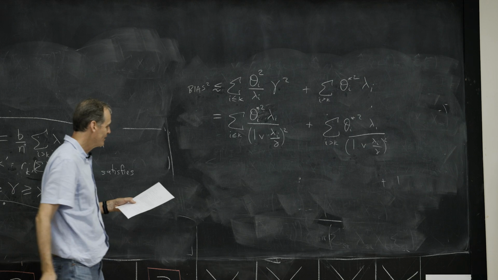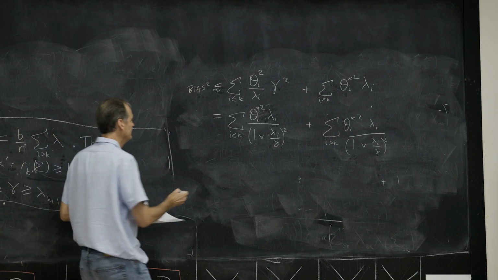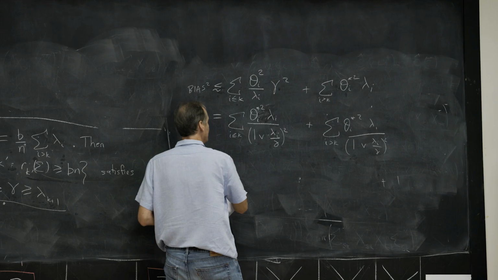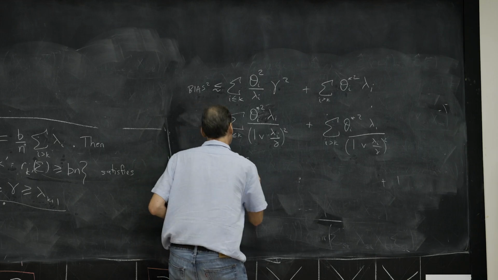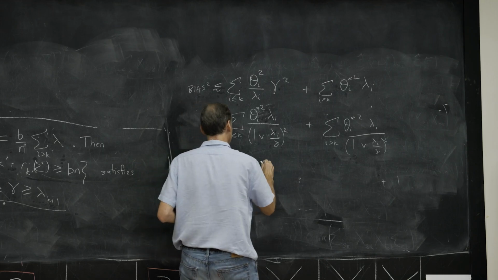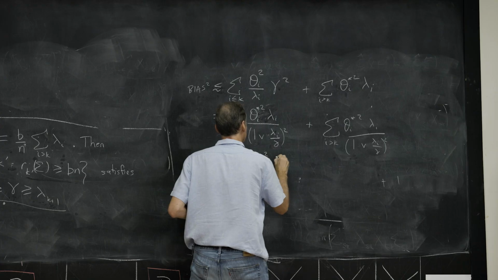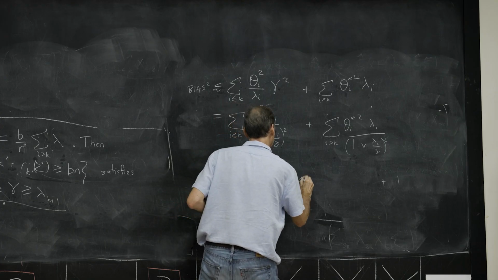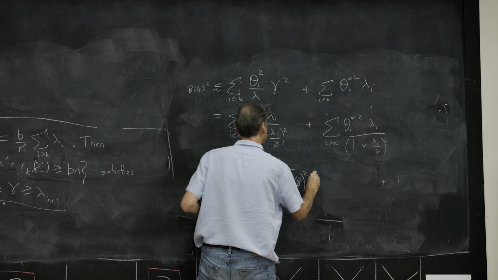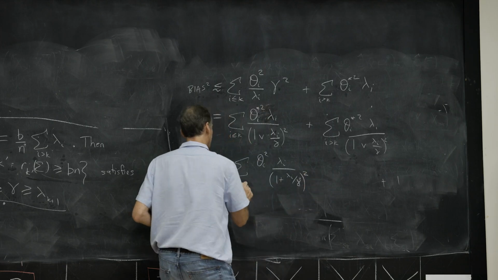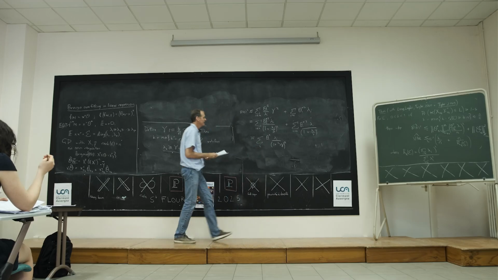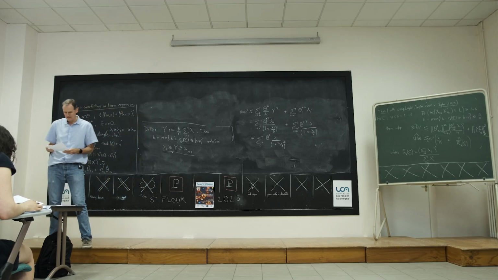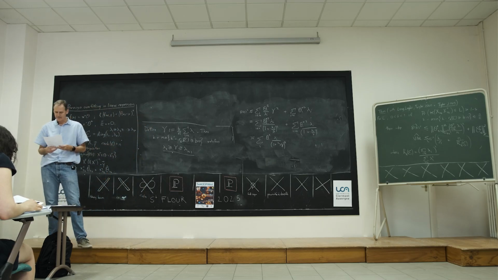And these are within constants of the usual way of writing this. This sort of expression is in terms of lambda_i divided by 1 plus lambda_i over gamma. And we don't need to restrict, so modulo a factor of 2 somewhere we have exactly that.